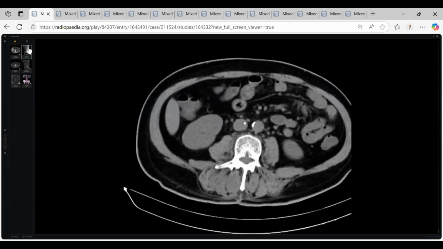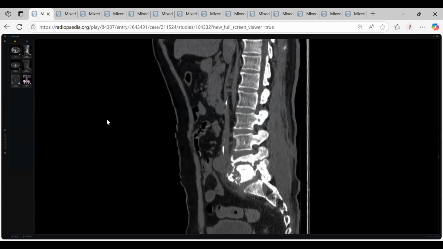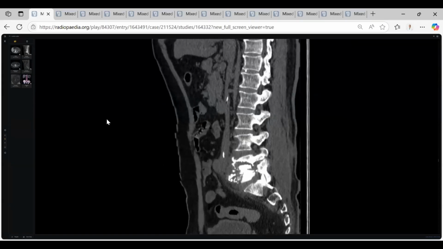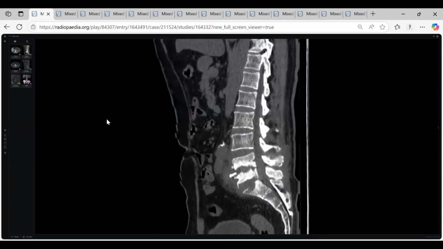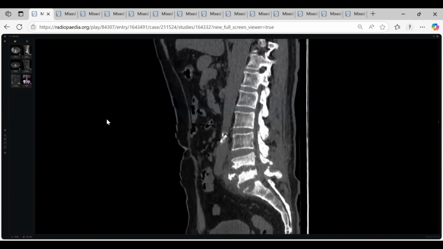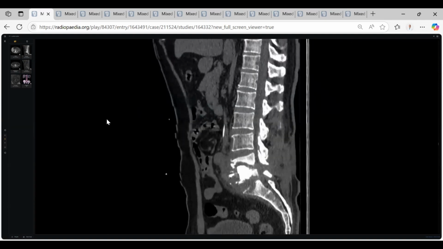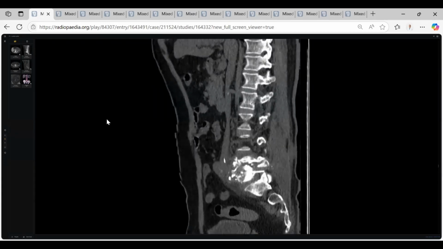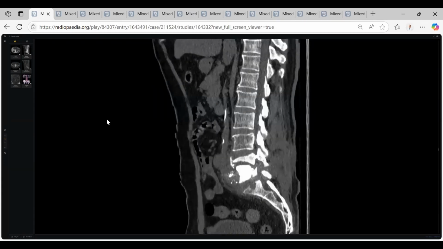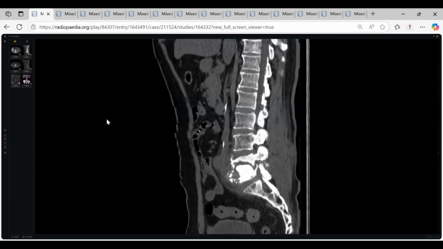Okay, if I show you this, what's your differential diagnosis? Sir, there's a compression collapse of the L5 vertebra. There's end plate sclerosis with posterior vertebral calcification and a soft tissue component in the pre-vertebral area.